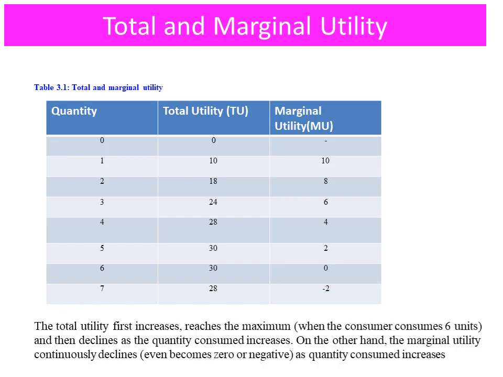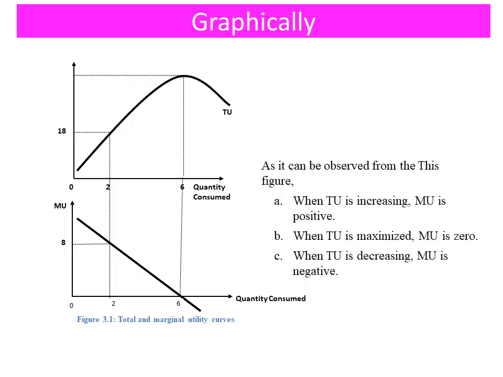What does this mean? Graphically, let us see. As we see from our graph, the first graph shows the total utility. The second graph shows the marginal utility.